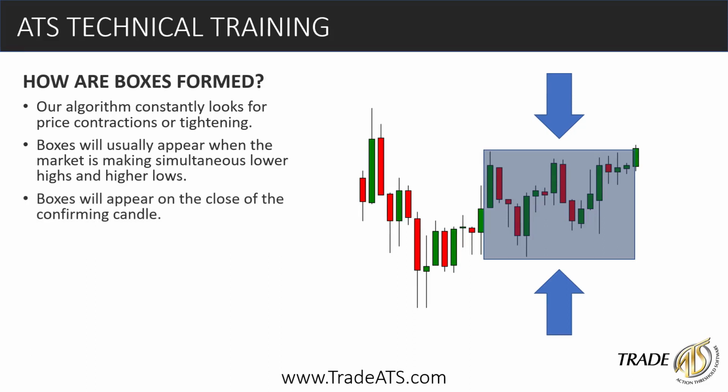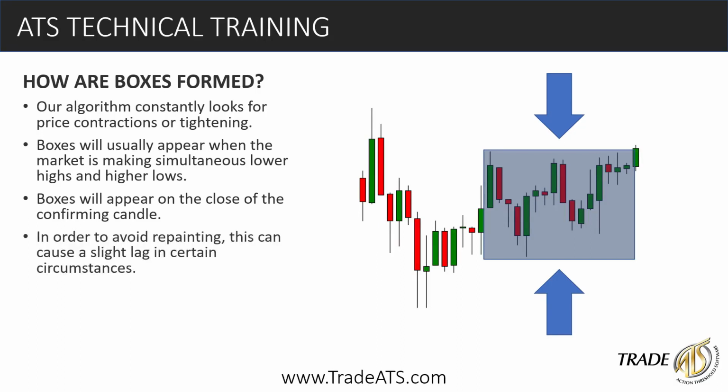Boxes appear on the close of a confirming candle, meaning they're in the algorithm. This is one of those things that does wait till the close of the candle to complete the sequence. So a box you'll notice will only appear at the exact time you're getting a new candle.